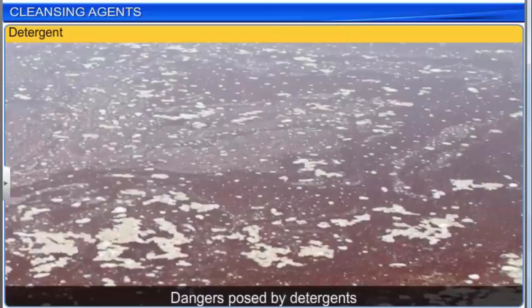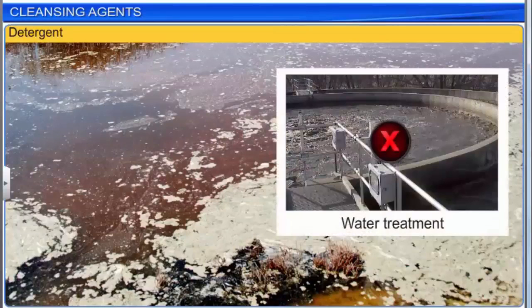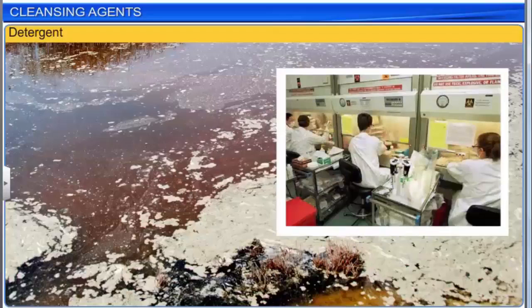Ultimately, when they reach water bodies, they cause pollution and foaming. This problem persists despite the treatment of polluted water. Therefore, currently, research is being conducted to control and minimize the branching of the hydrocarbon chain in order to make detergents more easily biodegradable.